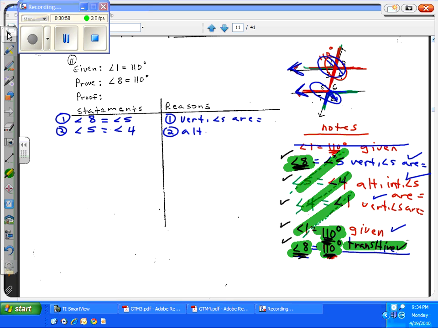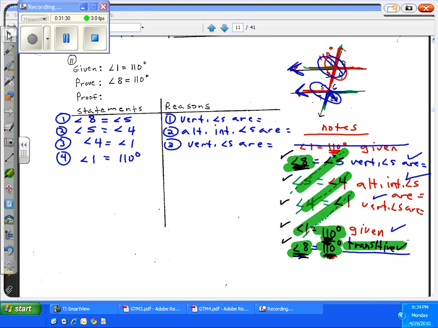Alternate interior angles are equal. Statement 3, angle 4 is equal to angle 1. Reason, vertical angles are equal. Statement 4, angle 1 is equal to 110 degrees. Reason given.